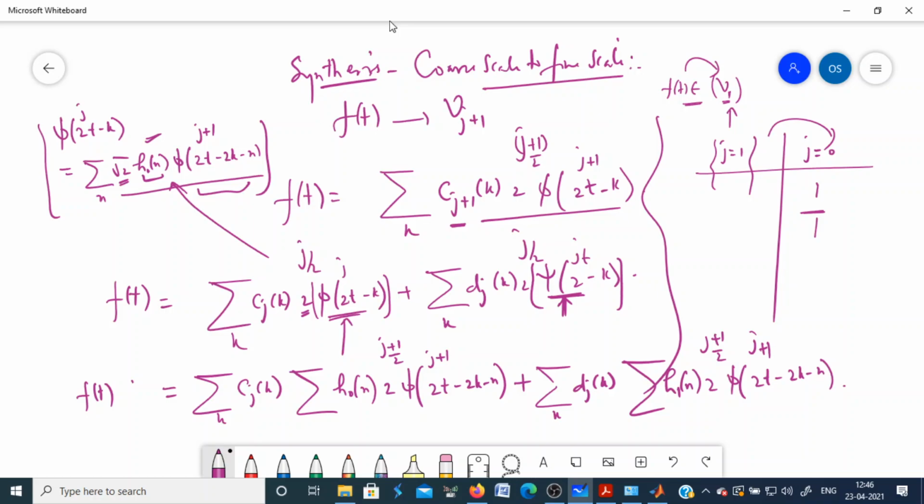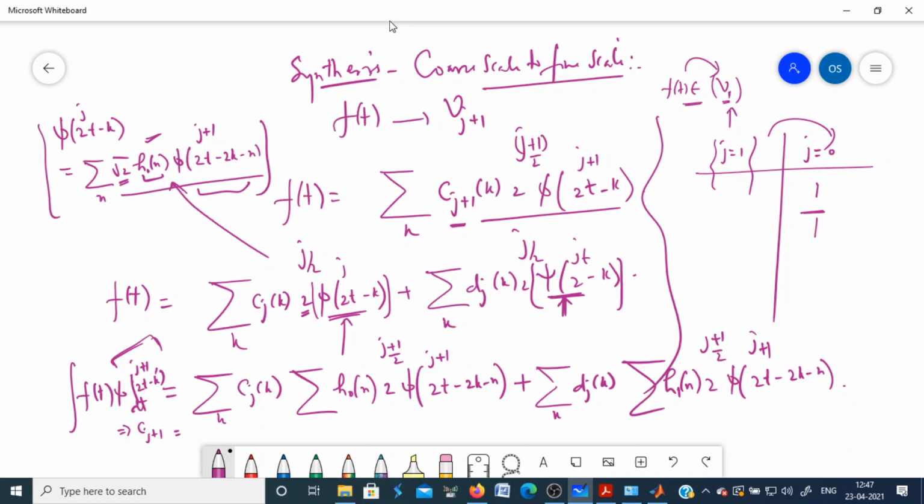Now if you multiply this function with a scaling function at a scale of j plus 1, that is phi of 2 to the power j plus 1 t minus k cap, and you integrate it, what will this give you on the left hand side? It is the approximation coefficients at a scale of j plus 1. Inner product of the function with the scaling function at a scale of j plus 1 will provide you the approximation coefficients at a scale of j plus 1.